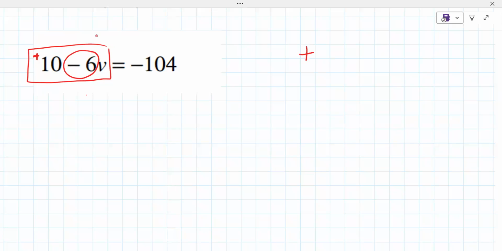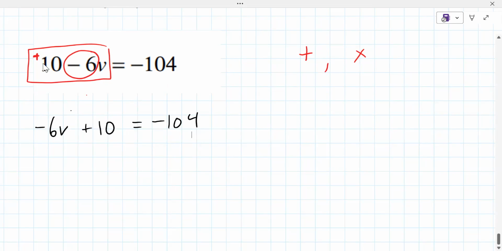So it's really addition and multiplication. It's adding 10. Because here's the other thing. You could rewrite this as minus 6v plus 10 equals minus 104. Do you see that? Do you agree that that's the same, or is that unclear? Yeah, that's the same. And now you see it, you're like, oh yeah, it's plus 10.